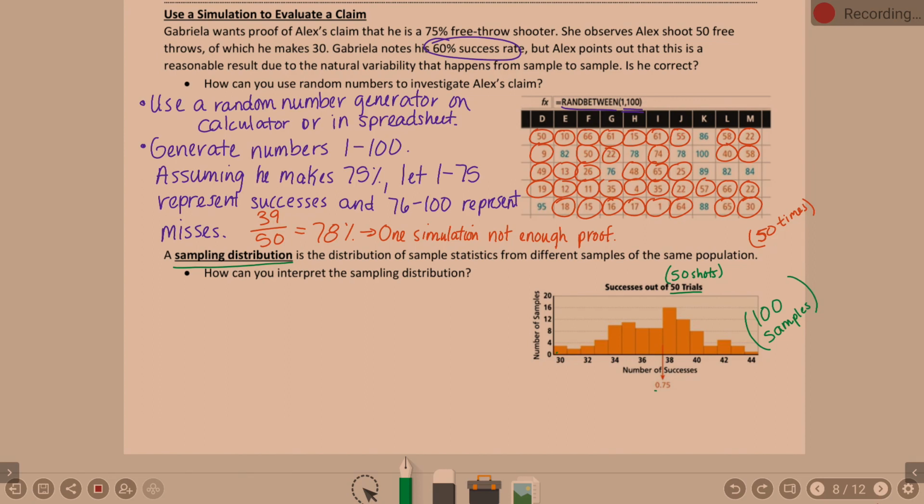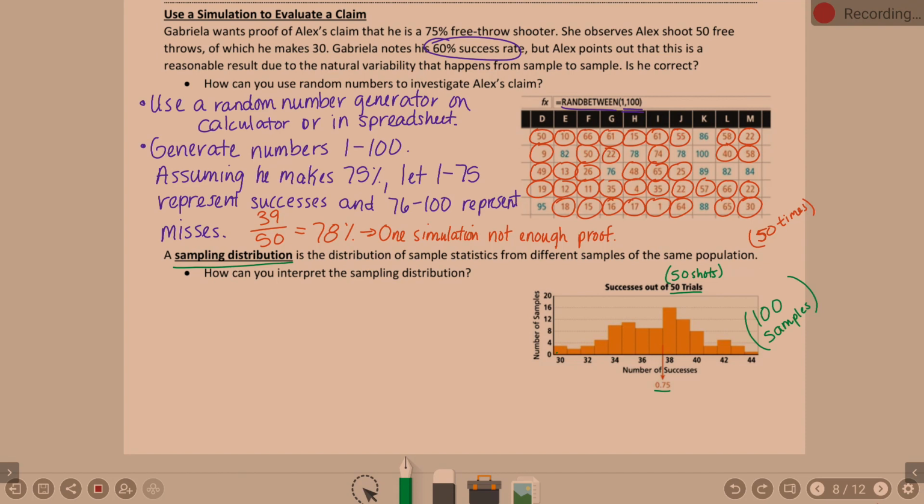Now, right here, you see 75%. If the simulation is 75% out of 50 shots, what is 75% of 50? 33. 35. 36. 38. 37. 37.5.